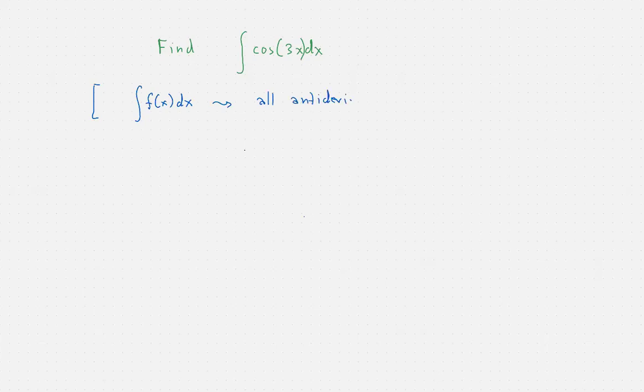And the way this is realized is by finding one antiderivative. So if the derivative of F uppercase is f lowercase, then the indefinite integral of f of x dx will be the function F uppercase of x plus an arbitrary constant c.